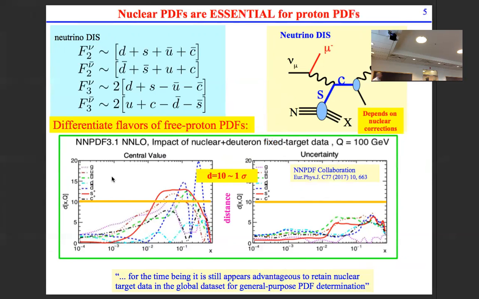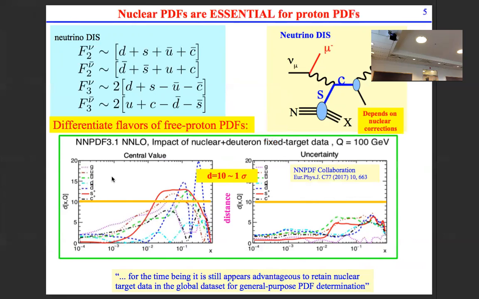We have HERA, we have Tevatron, that's all we'll need. We'll get proton PDFs. We never have to touch nuclear PDFs. You probably haven't heard about that because that didn't work so well. In fact, it doesn't work so well even today, because one of the key ingredients of the proton PDFs comes from, for example, neutrino deep inelastic scattering on nuclei, because you've got the 4 linear combinations of the flavor combinations. So that's really essential.